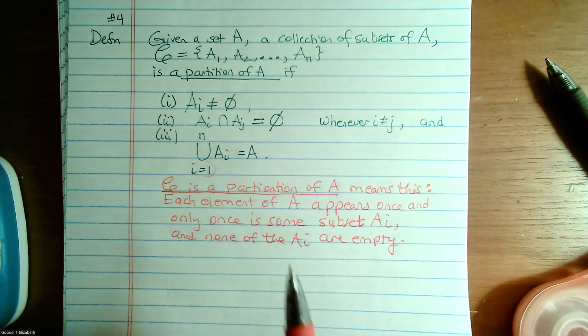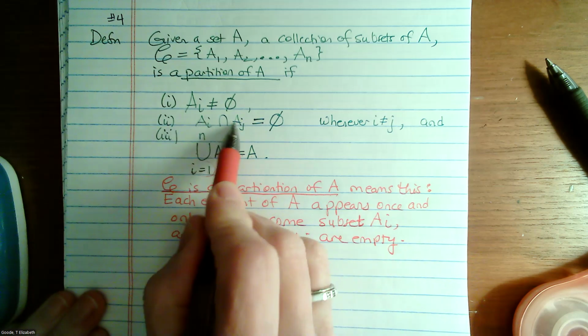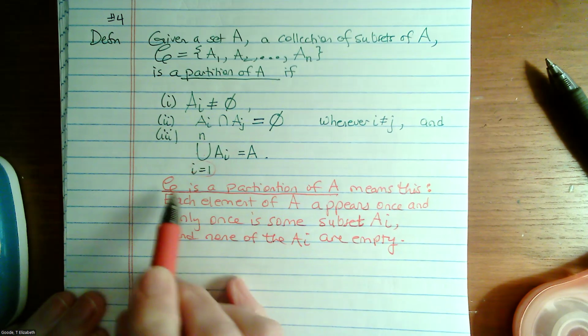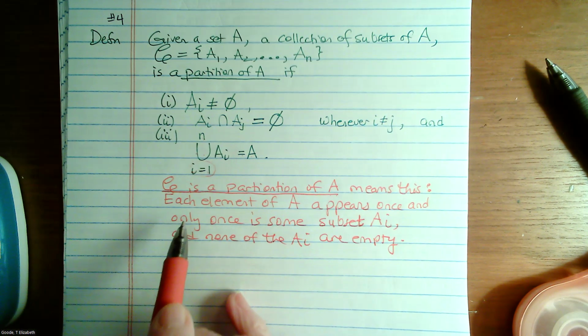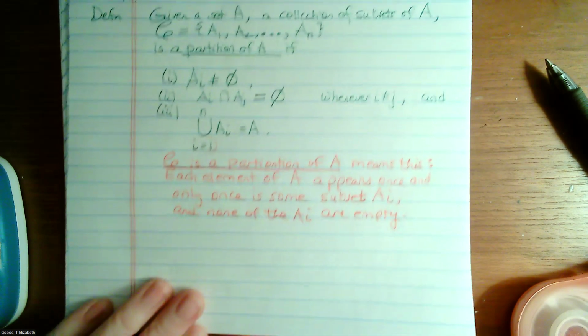For example, take the set {1, 2} and another set {2, 3}. That would not work as subsets for a partition of A equals 1 through 10, because you can't have 2 appear in two different subsets in the collection.